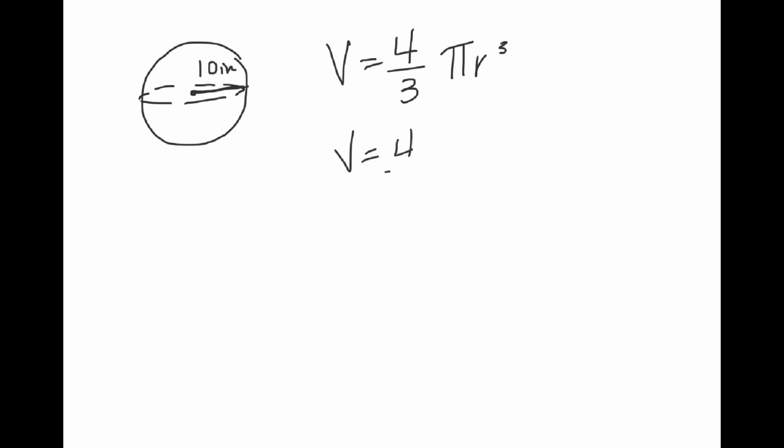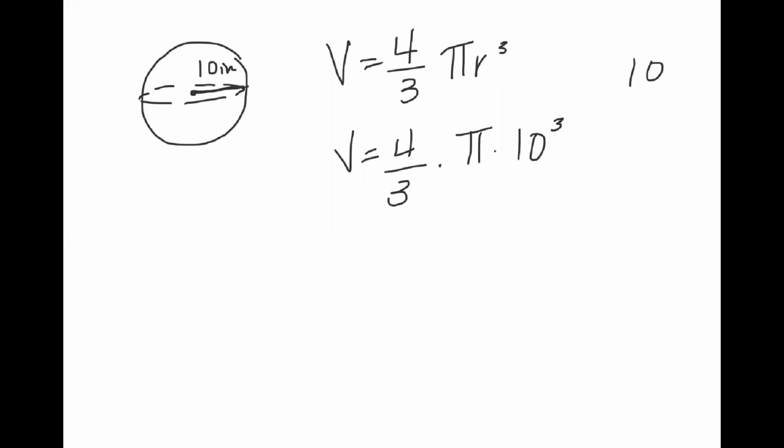Okay, so actually we don't need diameter and radius, we just need radius. The equation for this is 4/3 pi r cubed. So if it gives us, let's say, a radius of 10 inches, we get 4/3 times pi times 10 cubed.